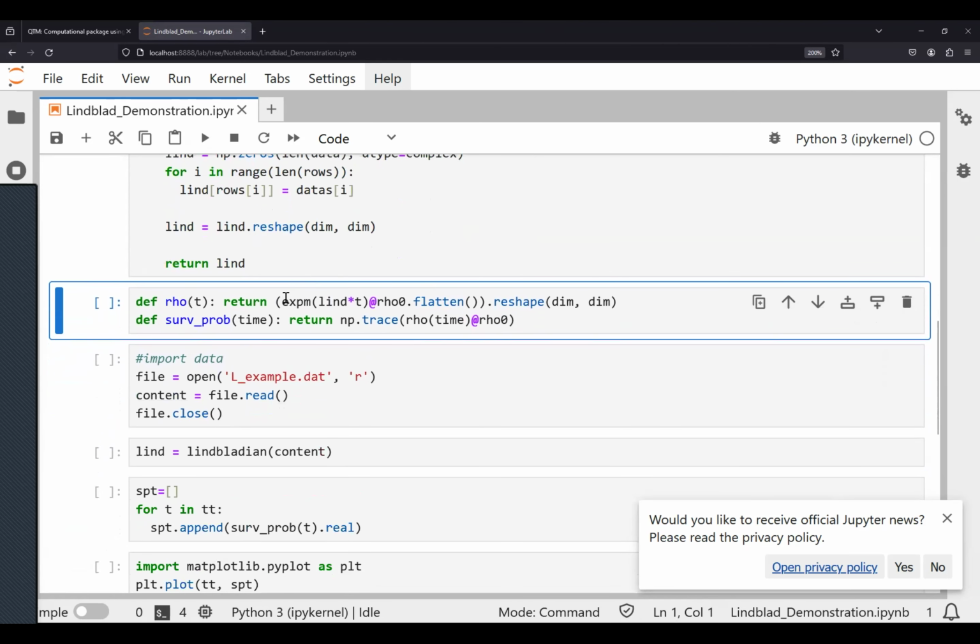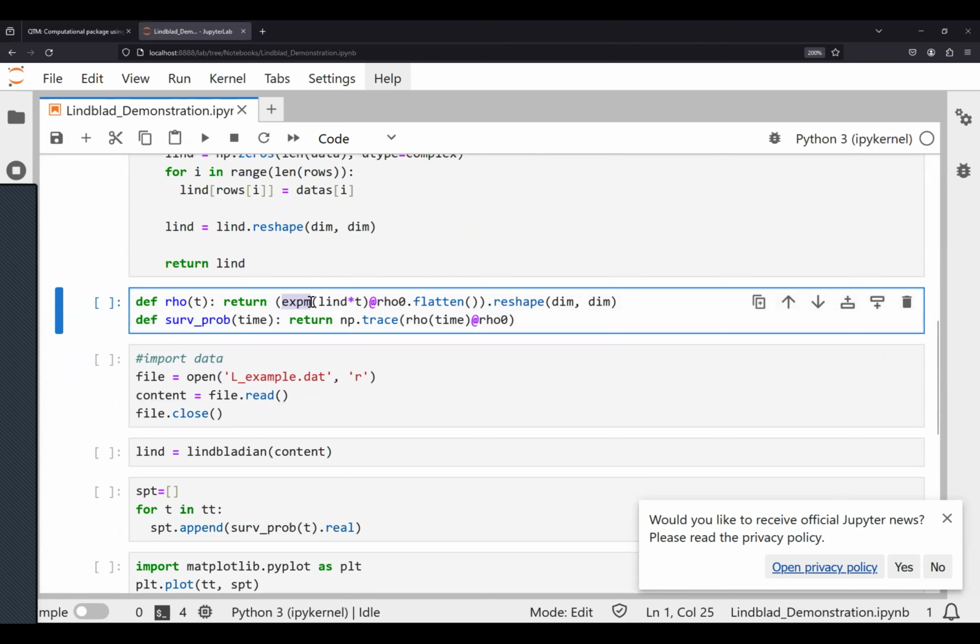That's the exponential function for exponentiating a matrix, and we take that with the product of the initial state, and we use the reshape function to map it to a matrix like we've discussed before. And this calculates the survival probability, which is the product between the time evolution and the initial state.